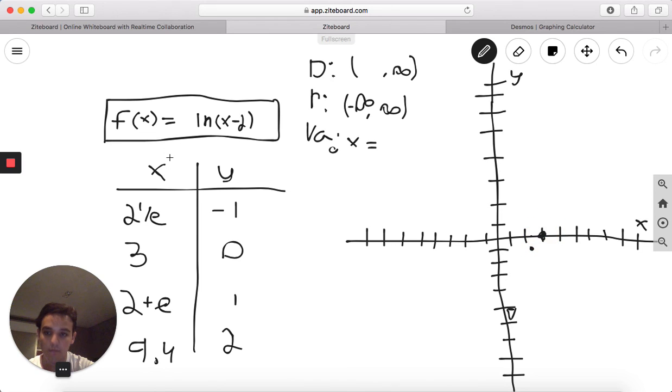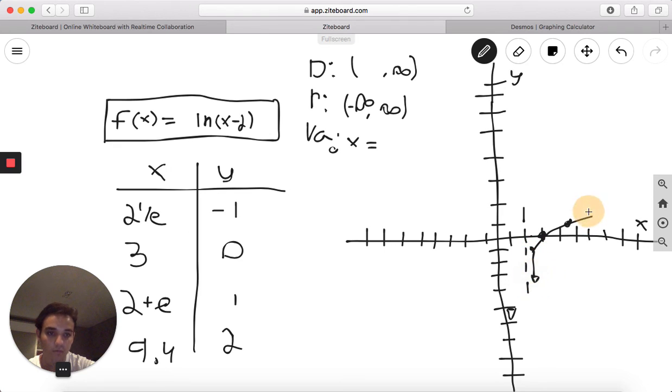Now when x equals 2 plus e, around there, y will equal 1. So here it'll just continue, so this will be right here. I'm just gonna draw the graph.